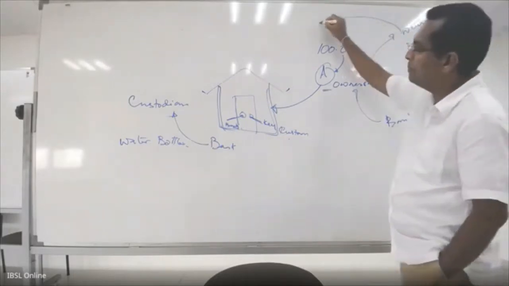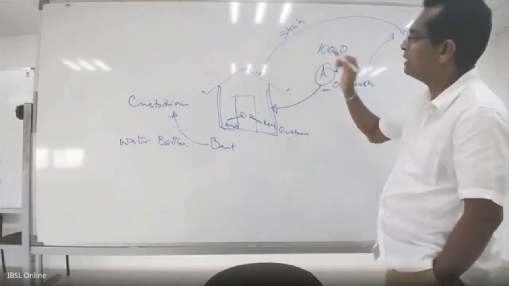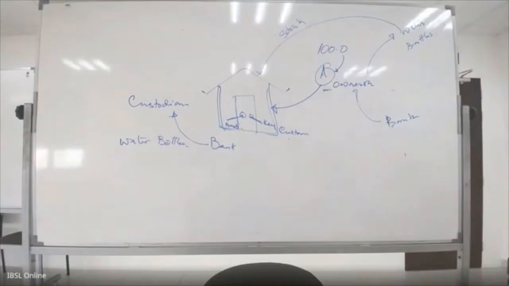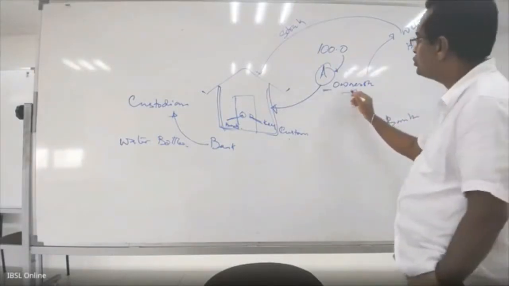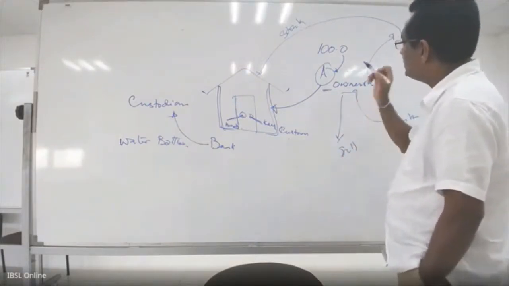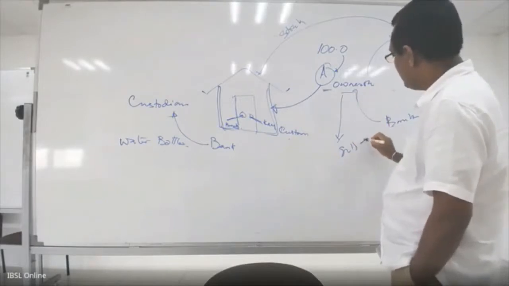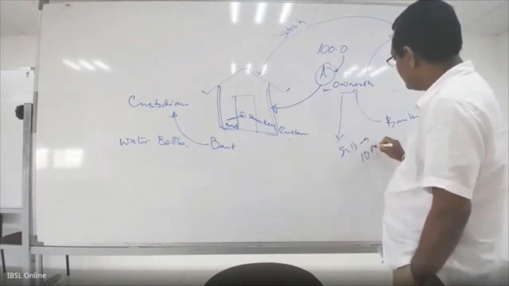This stock has come to the warehouse. It is under the control of the bank now. So when this customer wants to sell, first he has to pay the bank. Say he has a sale of 10 million rupees.